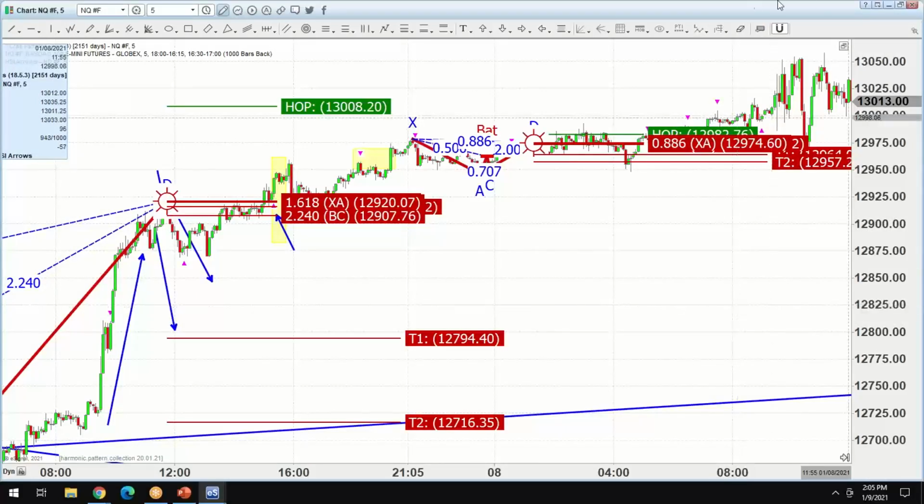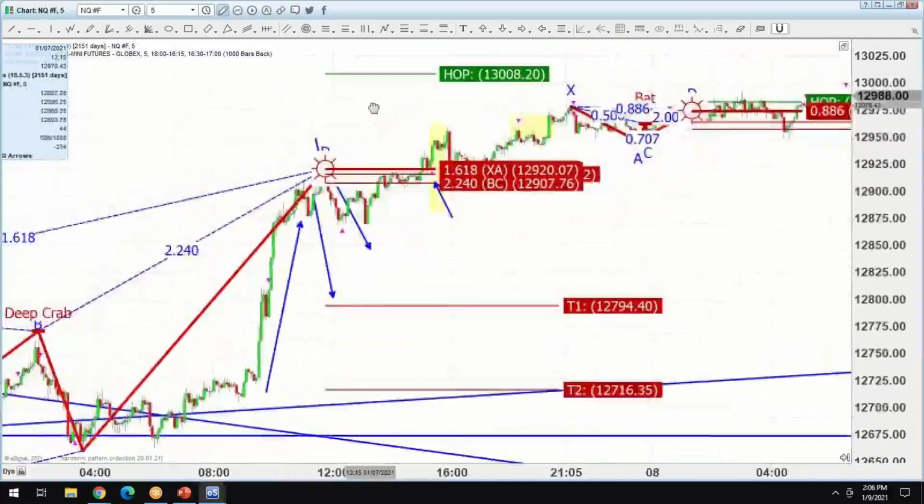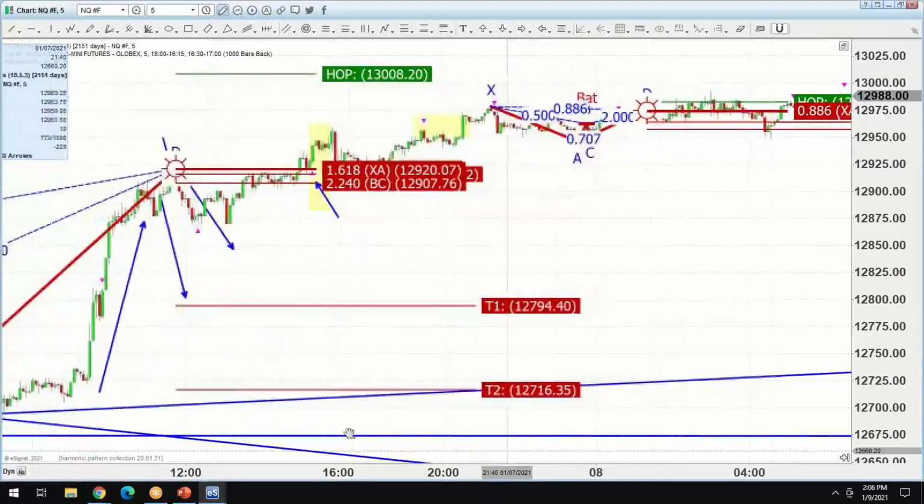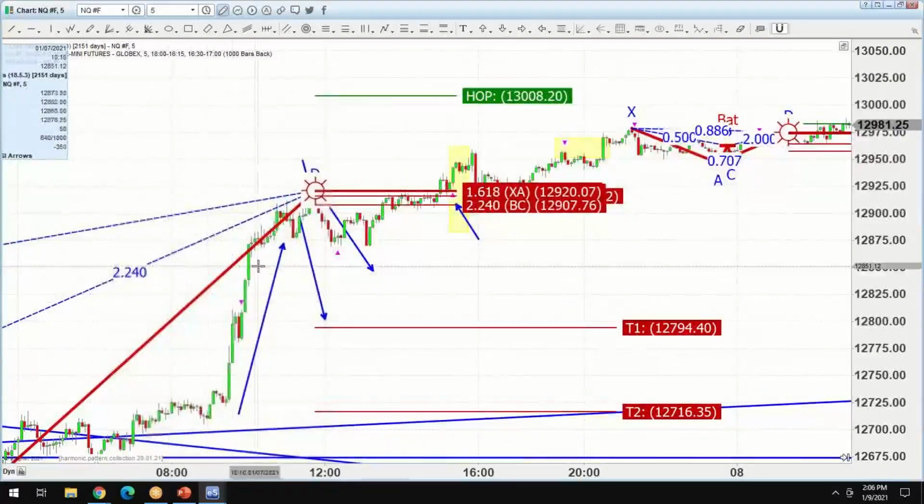We get the sun icon, then we get an arrow in the direction of the pattern, and then we're looking for that execution based on what our indicator is telling us. Here, in this instance, sun, but the arrow is against us, so that's a no-go. Another one, bearish, no-go.